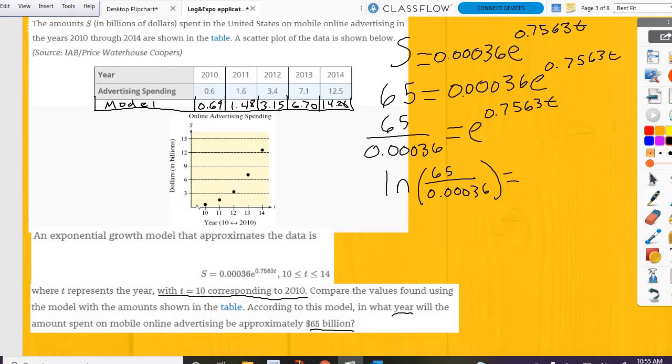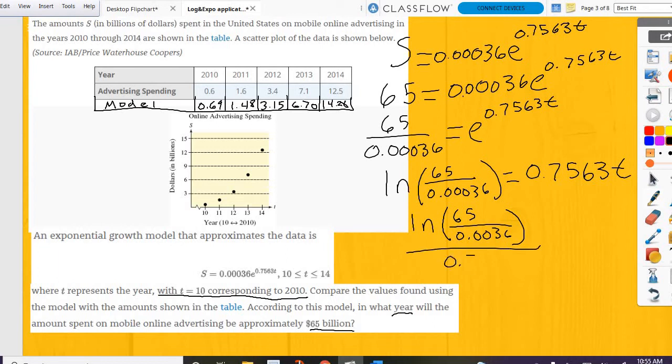It's going to cancel the E. So we're just left with what's in our exponent. So then what's our last step? Divide. So we get the natural log of 65 divided by 0.00036, all divided by 0.7563, and that equals T.